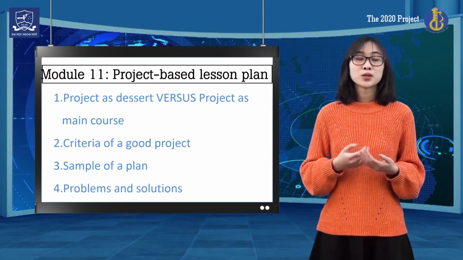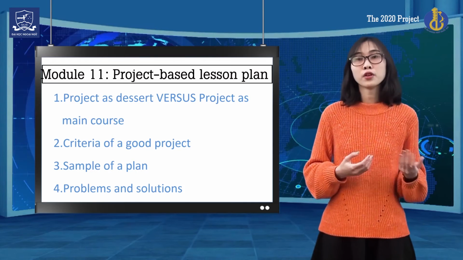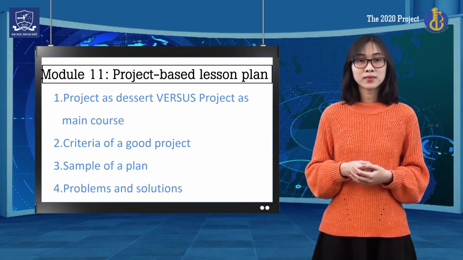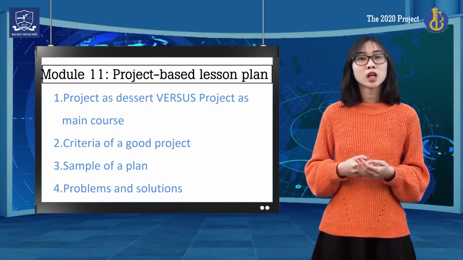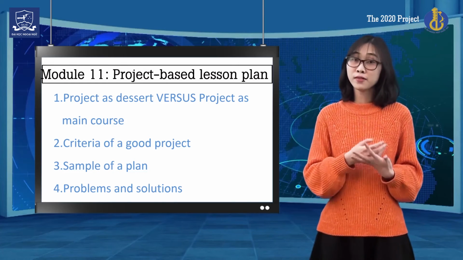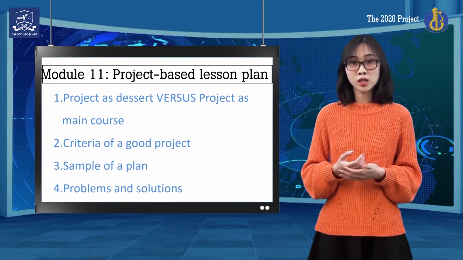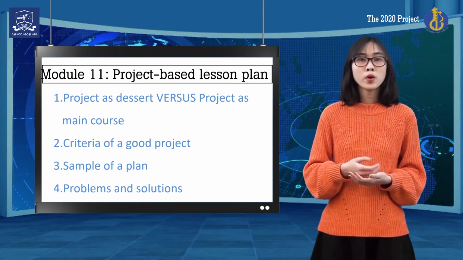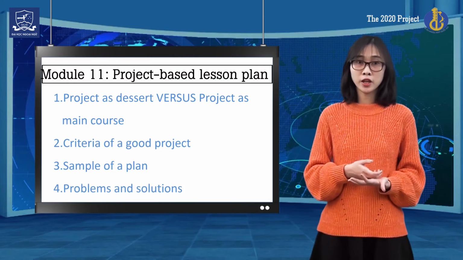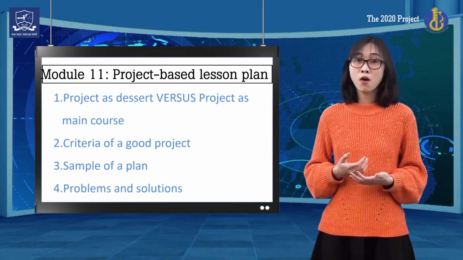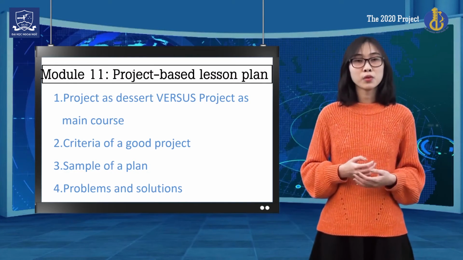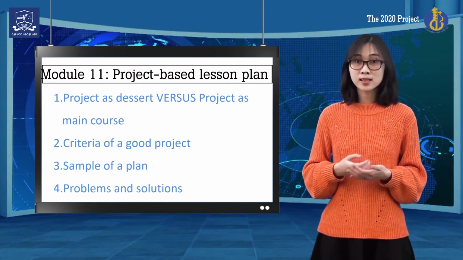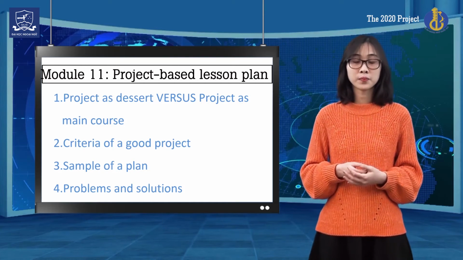Number 1, specific objectives for knowledge and skills. Number 2, appropriate level of difficulty of the question or problem to solve, which leads to number 3 here, sustained inquiry. Number 4, authentic tasks related to real life.